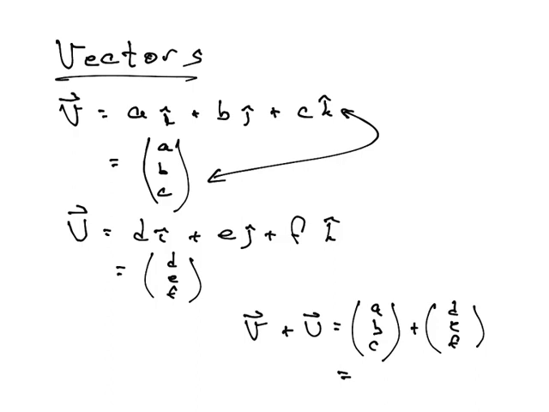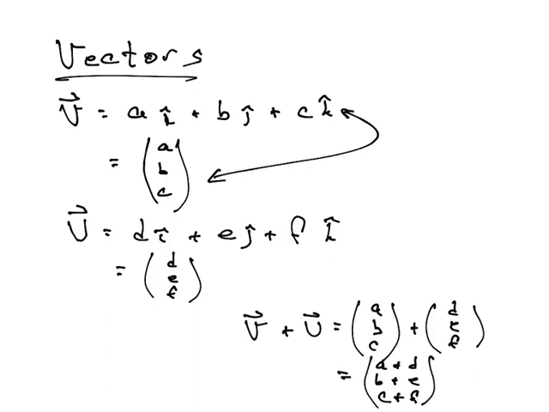And that's going to give us a vector, so it's going to be a column of 3 numbers. The top number is adding the x's with the x's, so a plus d. The middle number is adding y with y, so b plus e. And then finally the z's, c plus f.